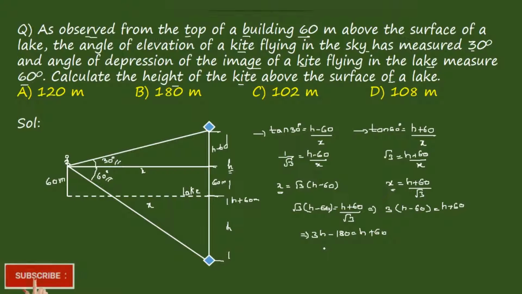Then you get 2h is equal to 240, which implies h is equal to 120 meters. So the height of the kite above the surface of the lake is nothing but h, which is 120 meters. So the answer is option A.